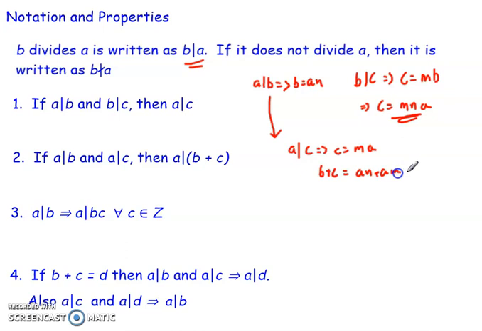We can take out a factor of A for both of those. So it's N plus M times A. What that means is that N plus M, because it's a set of natural numbers, so N and M both belong to that, we can say that this holds true: that A is divisible by B plus C.